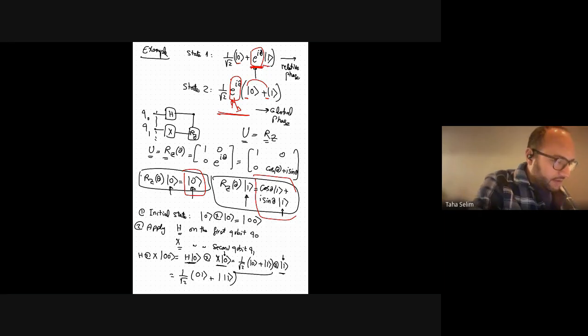Now the third step is the action of the rotational part.